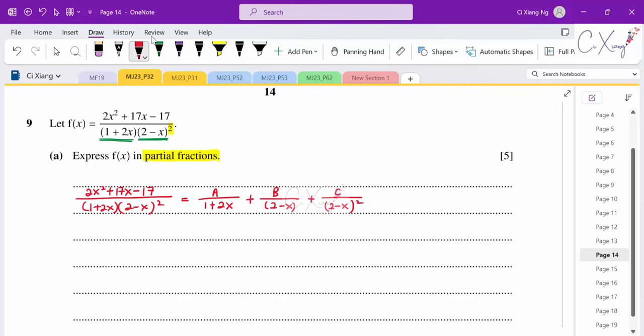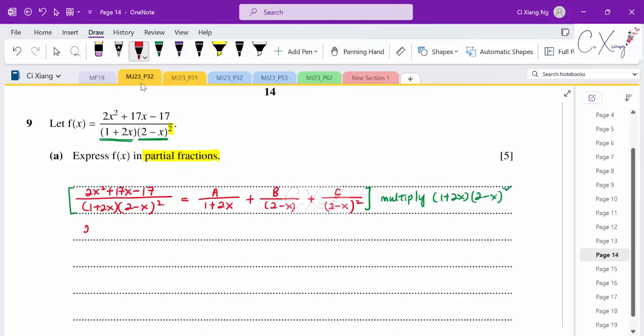Now I want to find out A, B, and C. To find the values of A, B, and C, I multiply the whole equation by the original denominator, which is 1 plus 2x, then 2 minus x, and then squared. Okay?